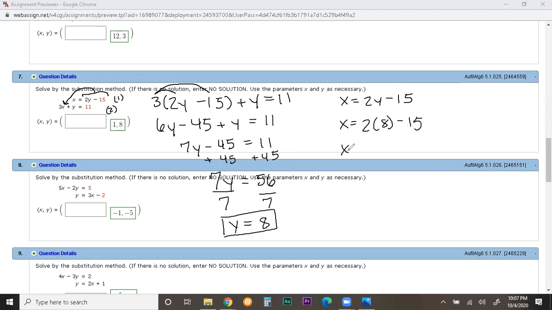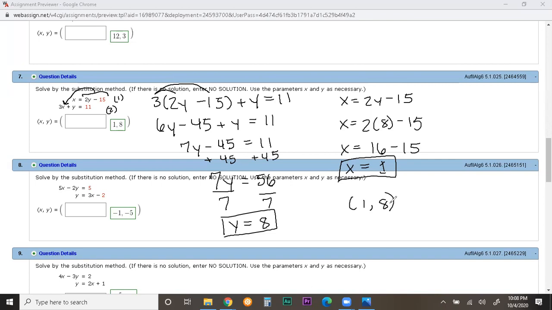So we have x equals 2 times 8, which is 16. So 16 minus 15 is 1. So we have a definite x and y, so that means our answer is the ordered pair 1, 8.